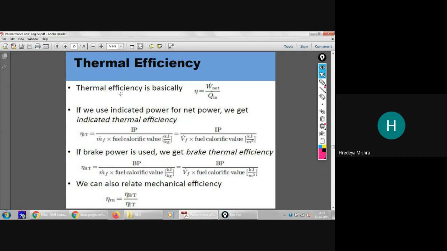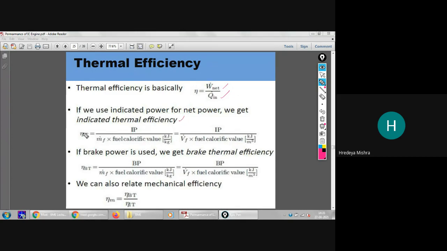Now, thermal efficiency. What is the thermal efficiency? Thermal efficiency eta equals W net over Q in. If we use indicated power for the net power, we get indicated thermal efficiency.